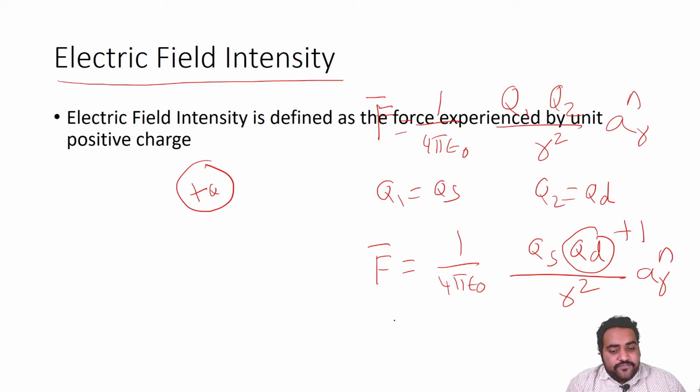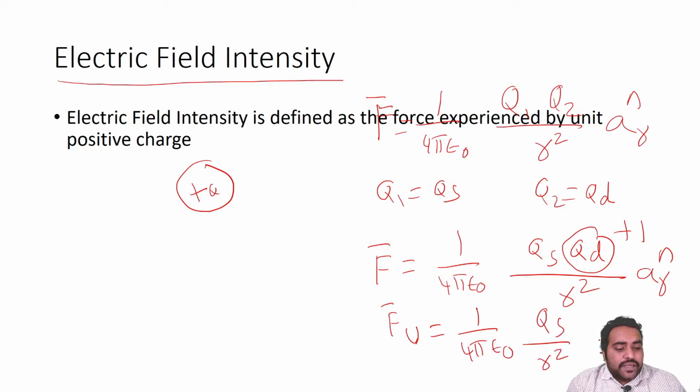Hence, the force experienced by unit positive charge is 1 by 4 pi epsilon naught Qs by R square AR cap. This R represents the distance from the source and AR cap represents the positional vector of the destination point, considering that plus Q is at our origin 0, 0.